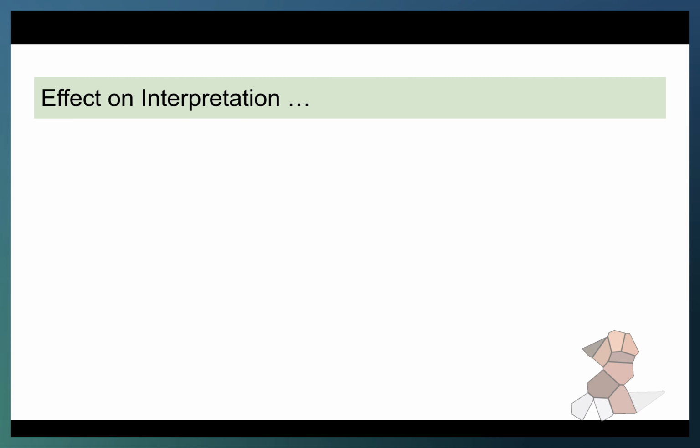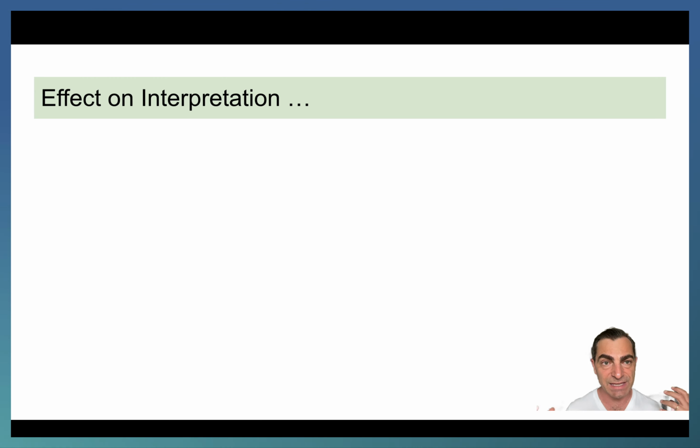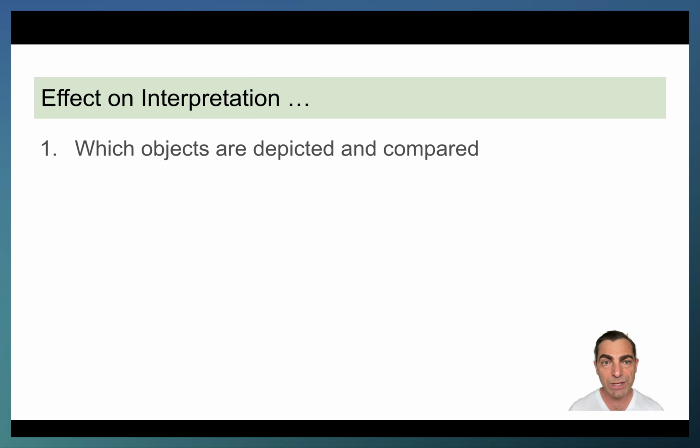So I want to conclude this part by mentioning the effect on interpretation. There are two main effects. The first one is about which objects are depicted and compared. I want to stress this idea that selecting what objects are in the visualization has an impact on which objects will be compared. And comparison in visualization is one of the fundamental tasks.